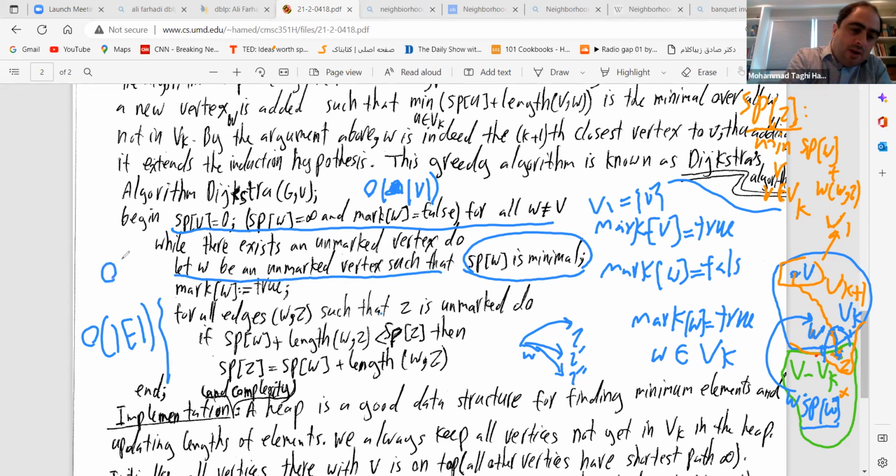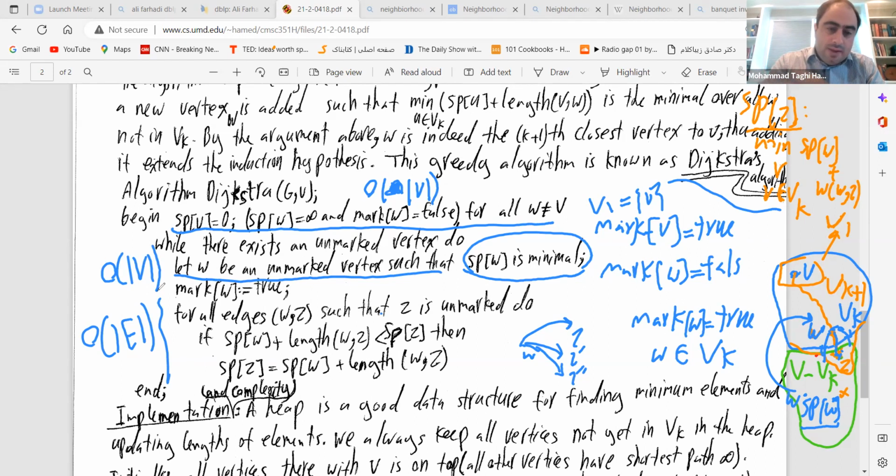The number of times that we do this is order V. Generally V is less than order E, but there are some specific cases, like an empty graph with only V vertices and no edges. In that case, of course, V is larger than E. But generally, we expect that the graph is at least a tree.